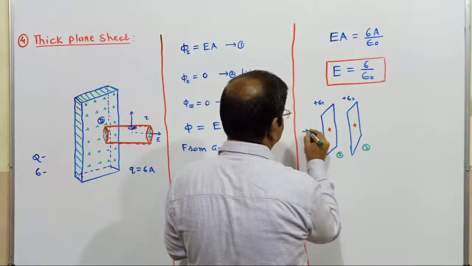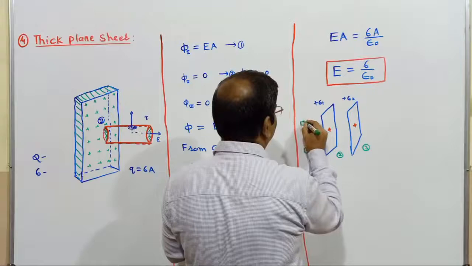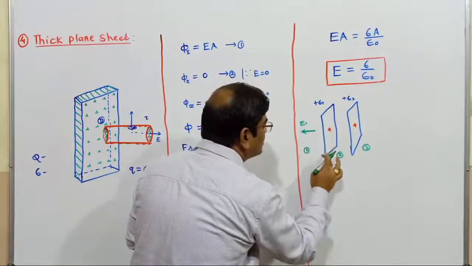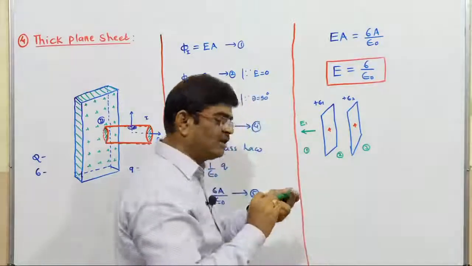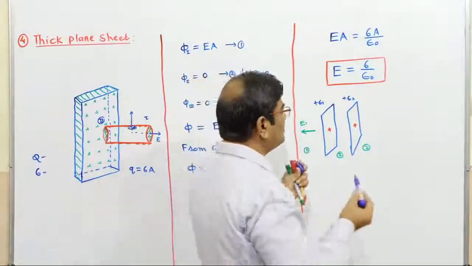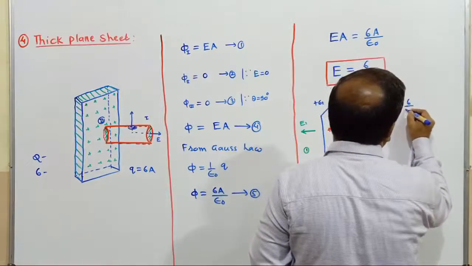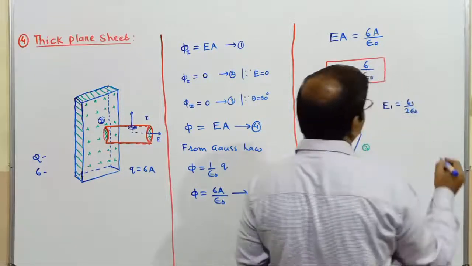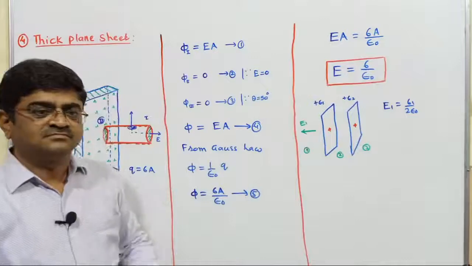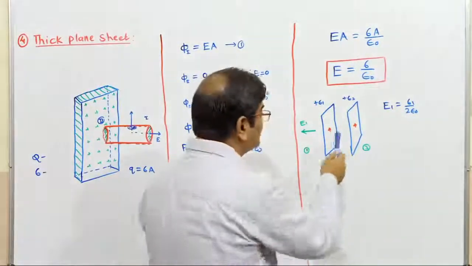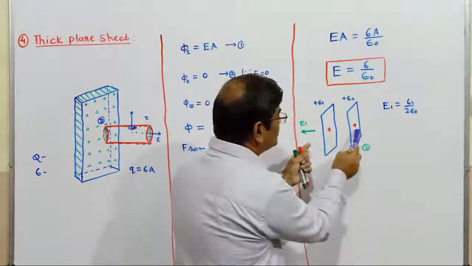This is the direction. Even I can see over here at this point, intensity contributed by the first sheet I have got E1. How about its magnitude? E1 equals sigma 1 by 2 epsilon naught. Contribution by the first one I got. I need to know contribution by the second one while dealing with intensity due to this.